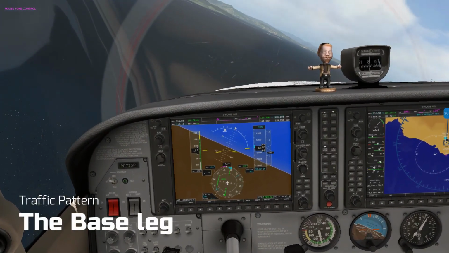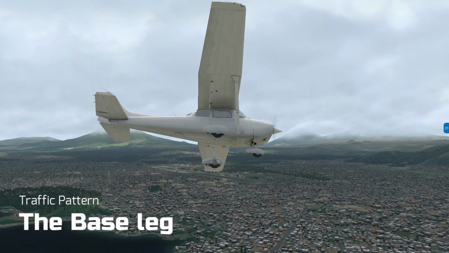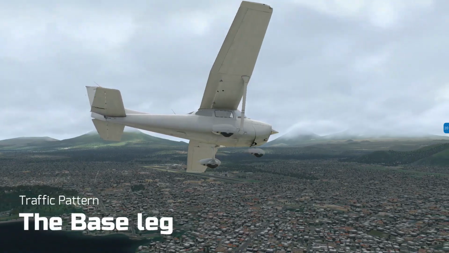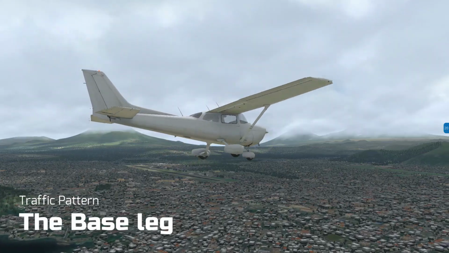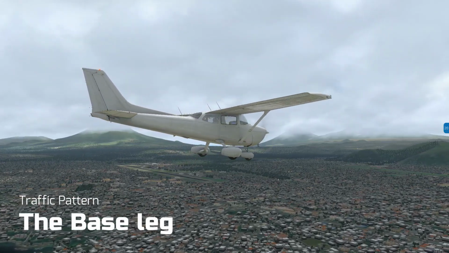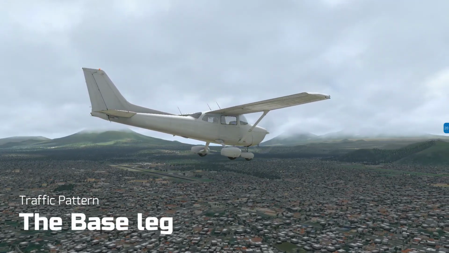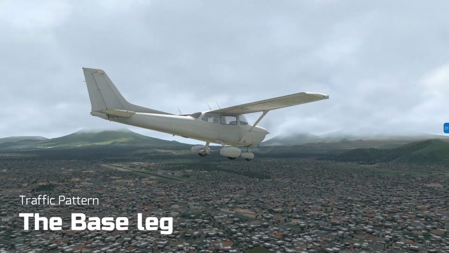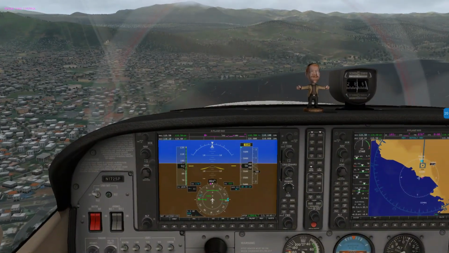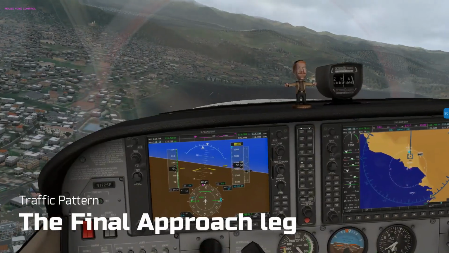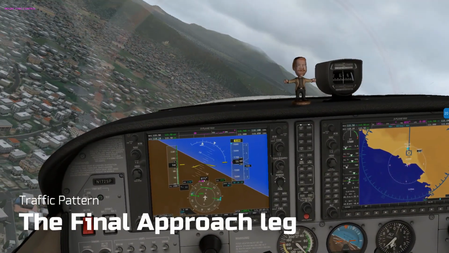Target heading is 85 degrees. We're a bit too fast, but that's fine. Oh, that was quick. Let's turn to the final approach leg.